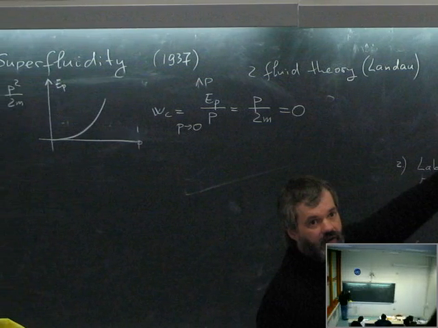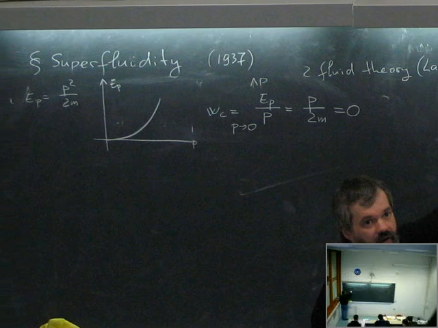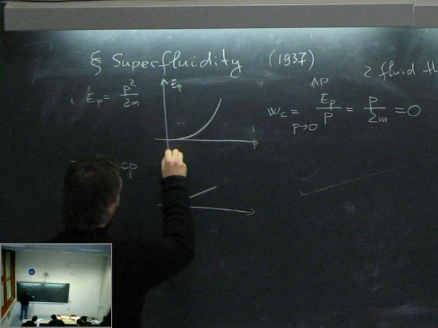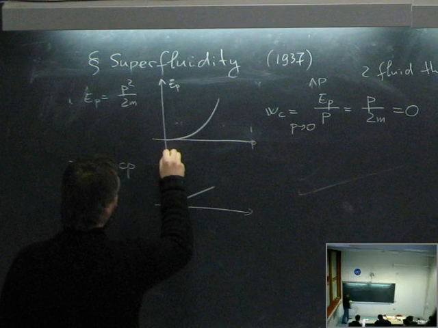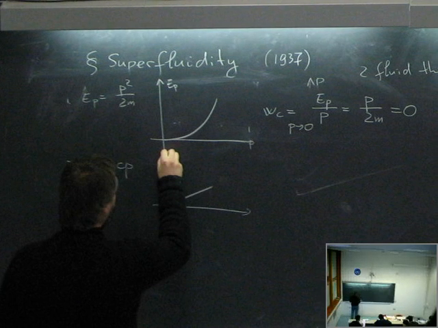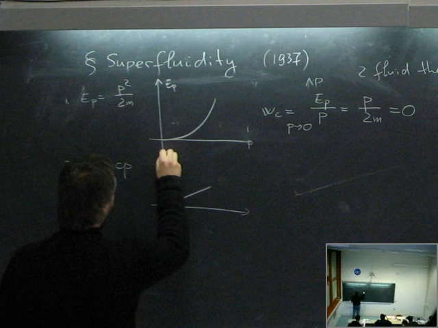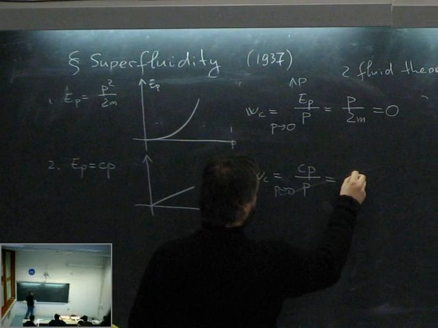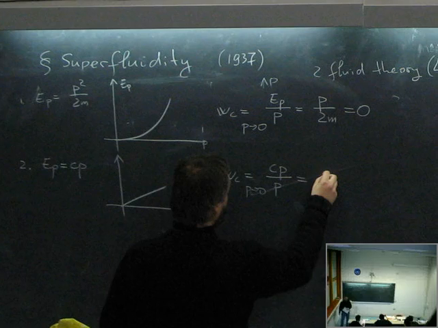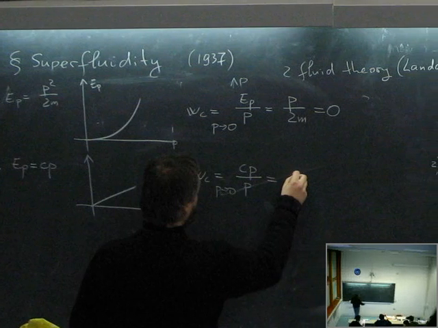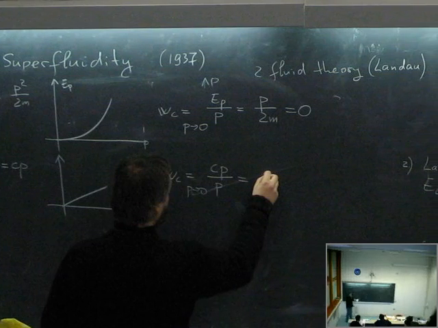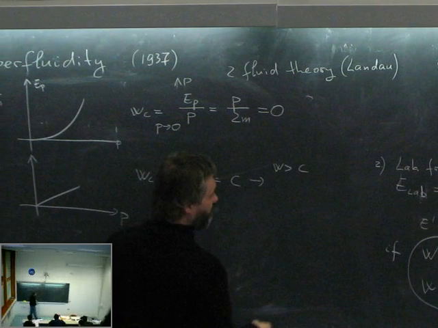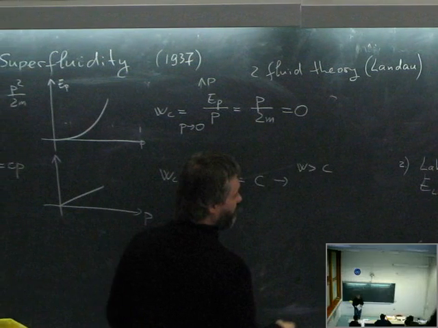Example number 2. If epsilon_P is equal to C P, so we have our beloved phonons in the system. Then, if we do the same, we calculate the critical velocity, which is C P divided by P as P goes to 0, then the critical velocity is nothing but the sound velocity, which is a constant. Namely, for a system characterized by a linear dispersion law, if V is larger than the phonon velocity, we have a friction in the system.